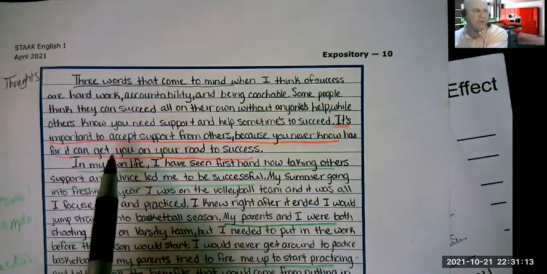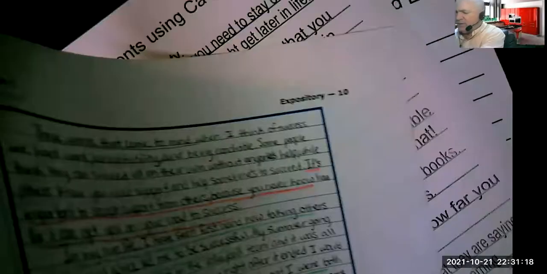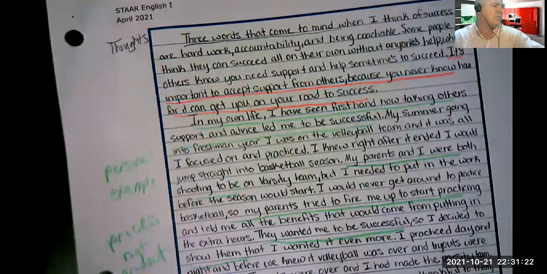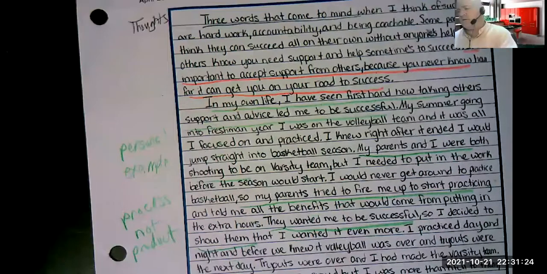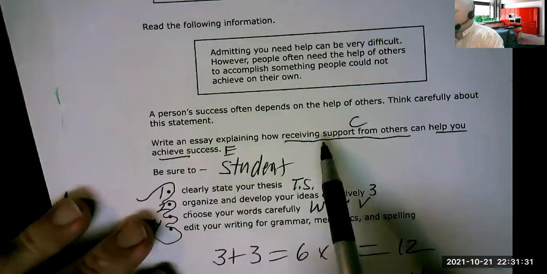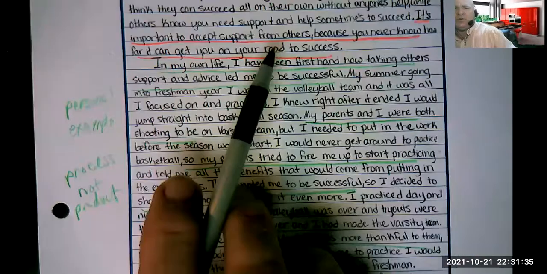And so if you look at the prompt, make sure you see the prompt one more time. Receiving support from others can help you achieve success. It's important, they added that word, to accept support.